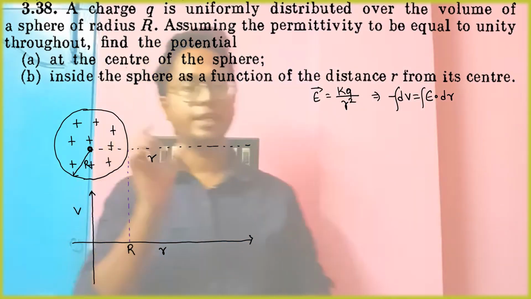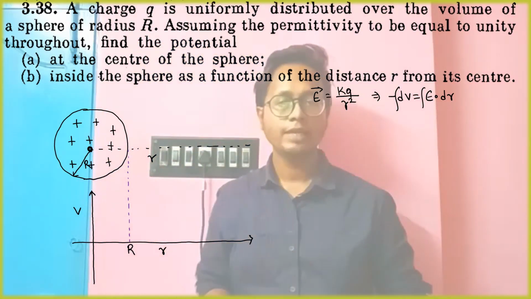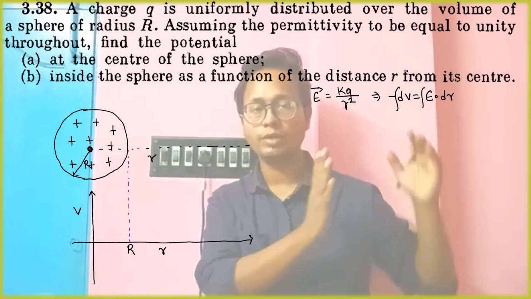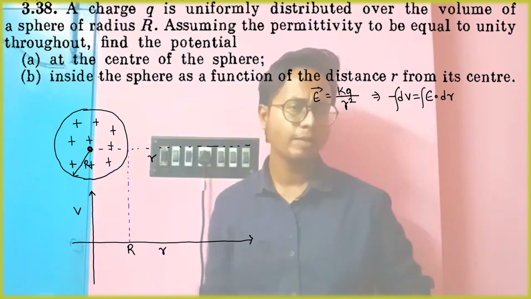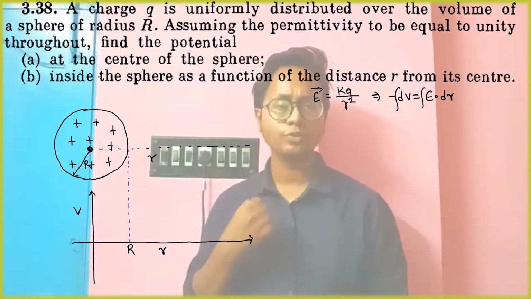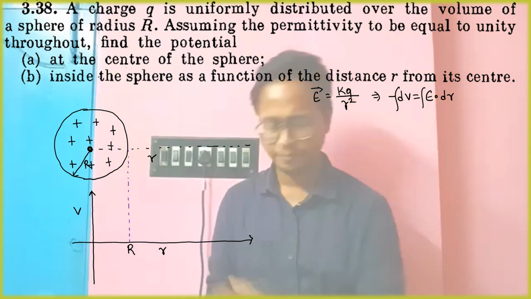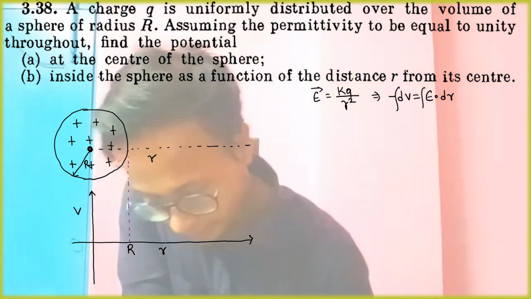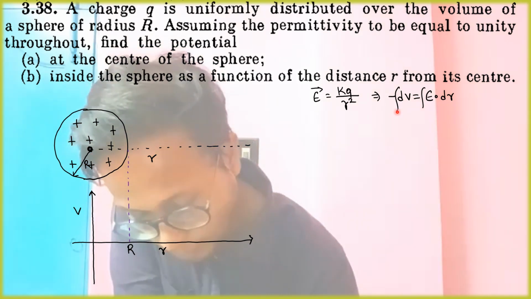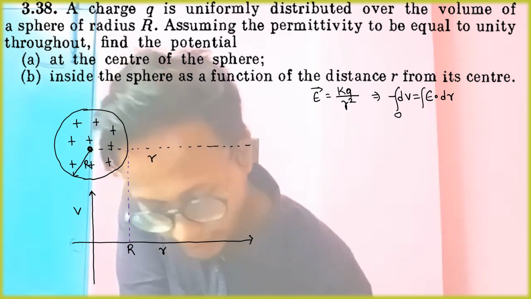Okay, if I do definite integral, I have to put up the limits. If I do indefinite integral, then I have to put a constant and give the value of boundary condition. Both values will be the same. Since I'll be doing definite integral, the lower value of potential is 0. That means I'm calculating the potential to be 0.